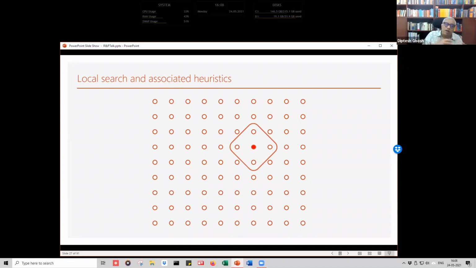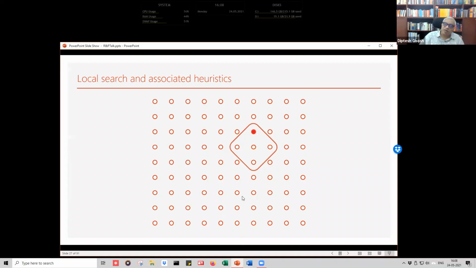Every time I'm moving to a solution that is better than my current solution. So in every iteration of this kind of algorithm, you're going from the initial solution, that is the solution output by the construction heuristic, and moving to better and better solutions, right?